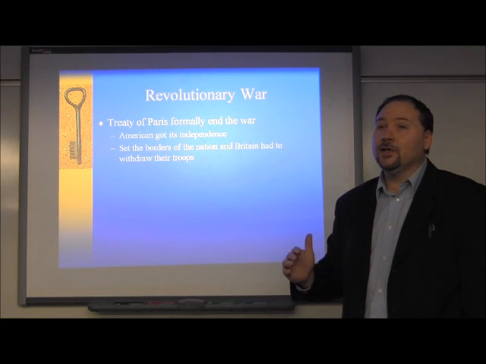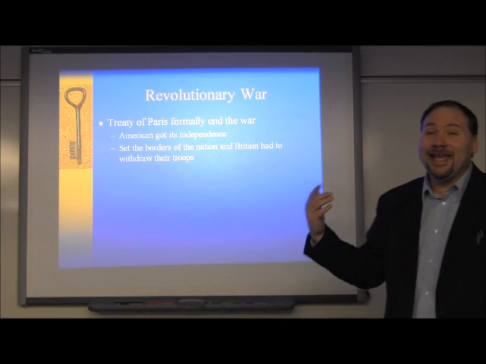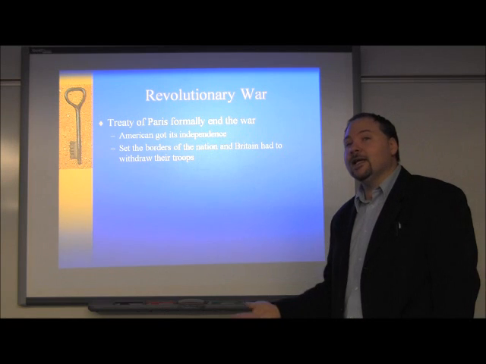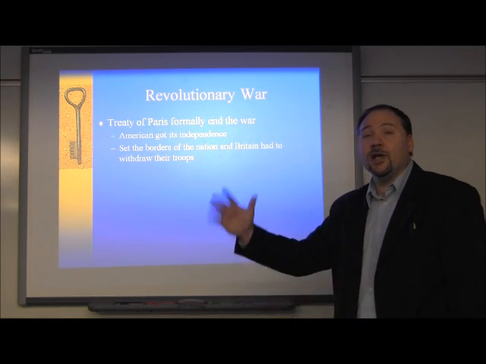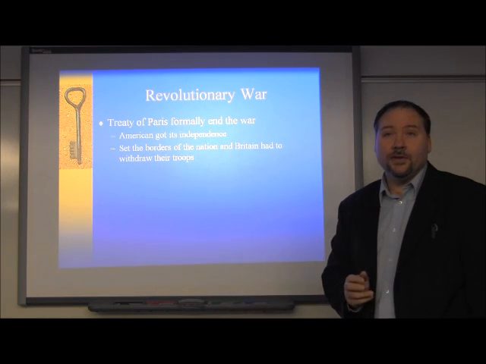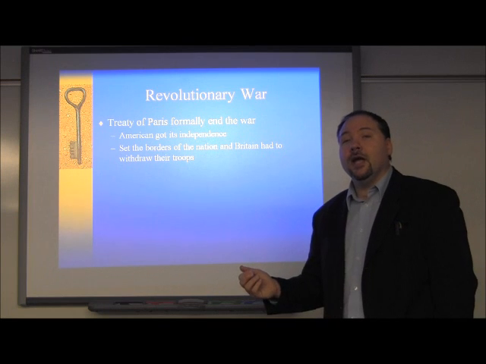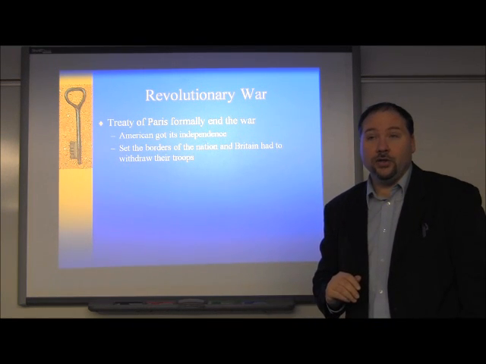Okay, now that's just the United States of America. Britain's still going to have troops in Canada, but this document says that Britain is supposed to remove its troops from the frontier primarily, which is the lands west of the Appalachian Mountains, and then any cities or ports in the other 13 colonies as well, and says this is the borders of the new nation.